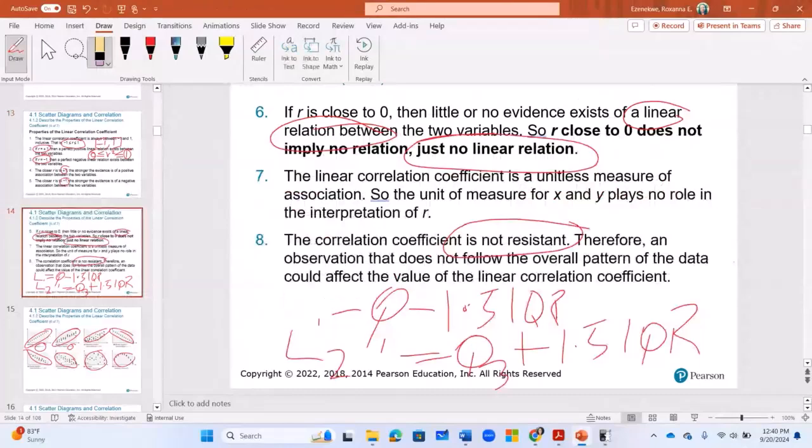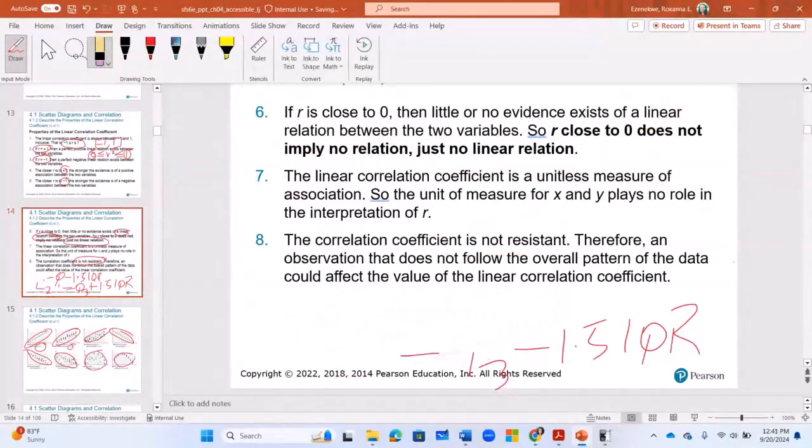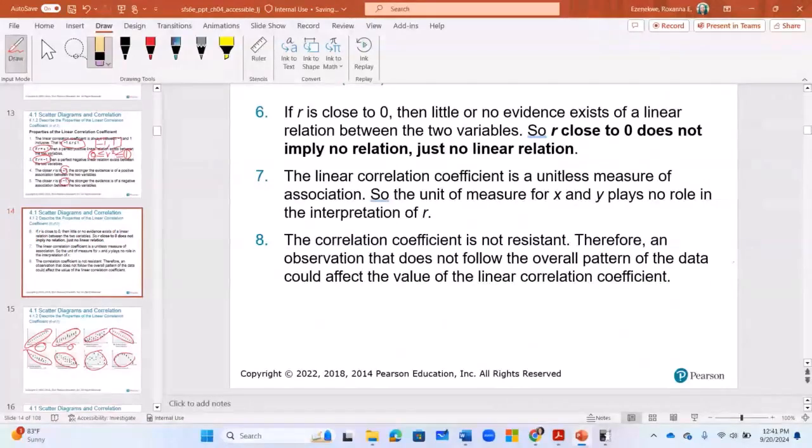So actually, the coefficient of correlation has 8 properties. You will need to remember at least 4 of them in the test. If R is close to 0, then little or no evidence exists of a linear relation between two variables. So we can say if R is close to 0, there is no linear relationship.